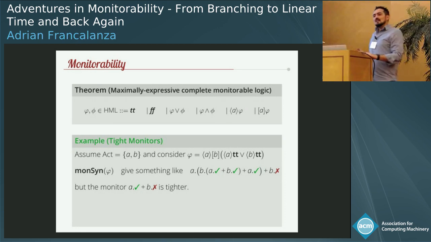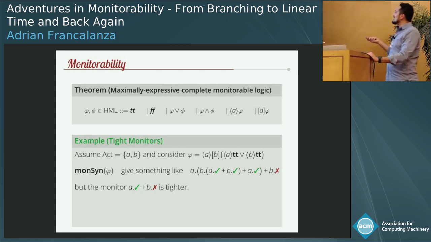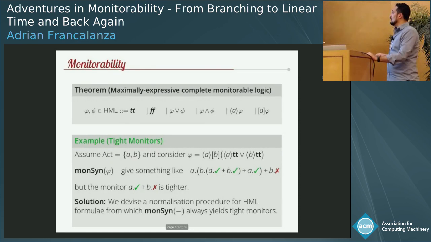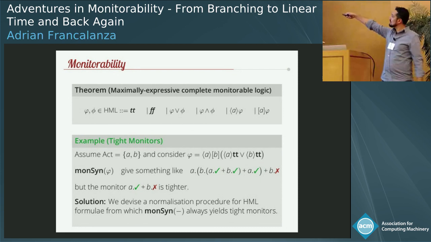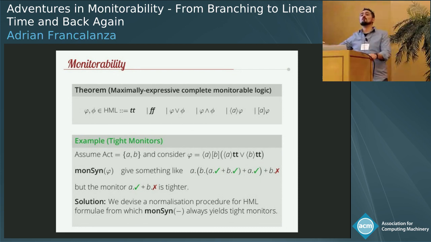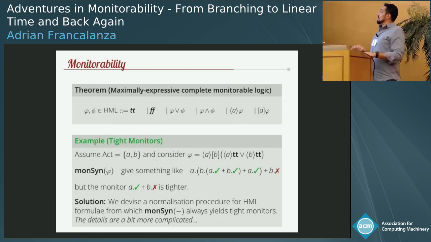The problem is that, even in this logic, you can have some redundancy. So how do we go about it? Well, we define a normalization procedure that is guaranteed to terminate, that takes any formula in here and translates it into a normal form. Then we show that for this normal form, our synthesis algorithm always gives you a tight monitor. Details are in the paper.